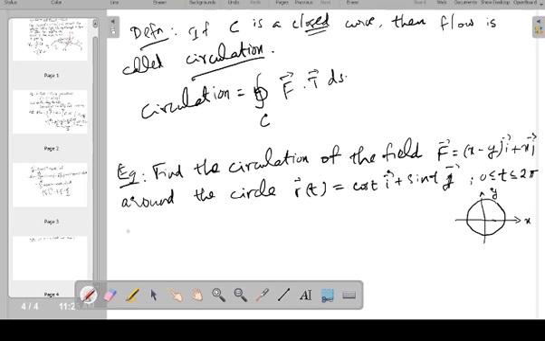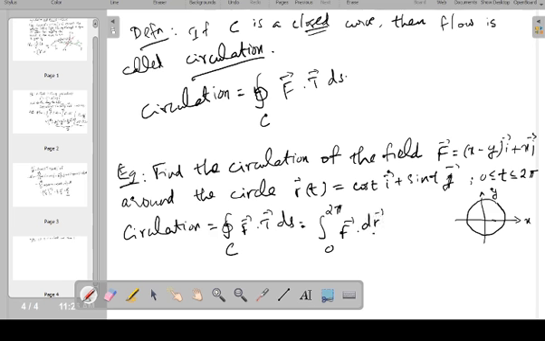So circulation is equal to integral over C of F dot T ds. This is also the same as integral 0 to 2 pi f dot dr by dt dt.